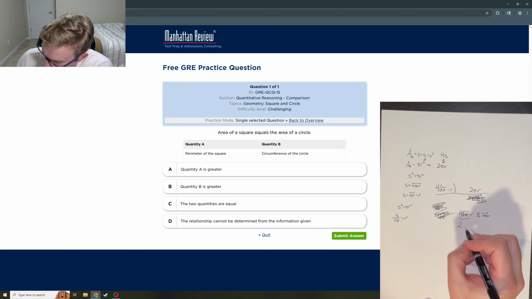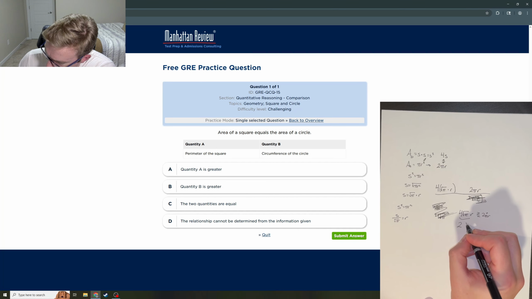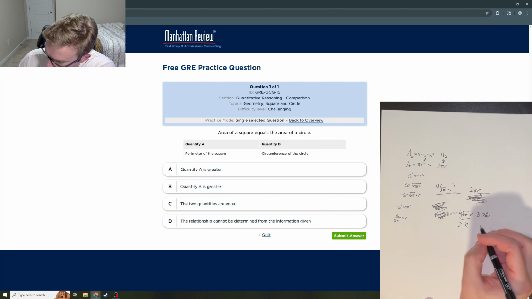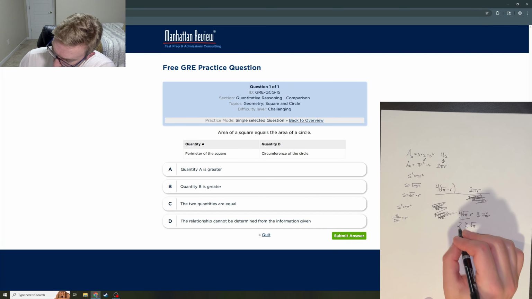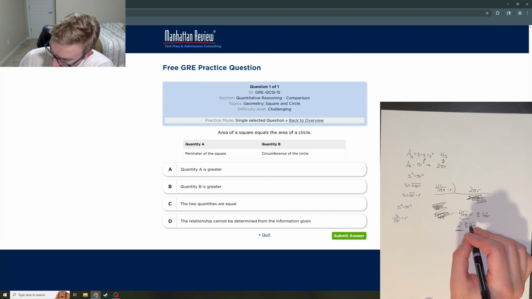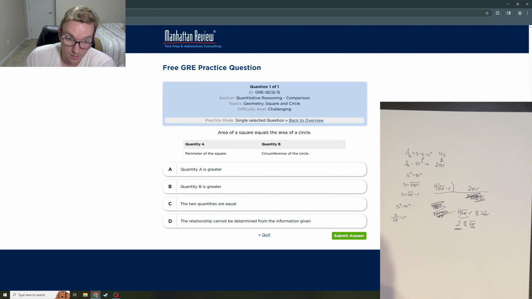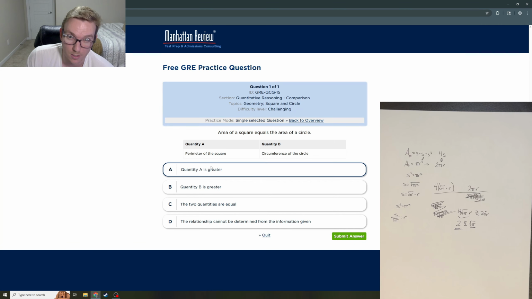Now, this is basically boiling down to, is 2 bigger than or equal to the square root of pi? And the answer is 2 is bigger than the square root of pi, so then this left side is bigger, so then the perimeter of the square is bigger.